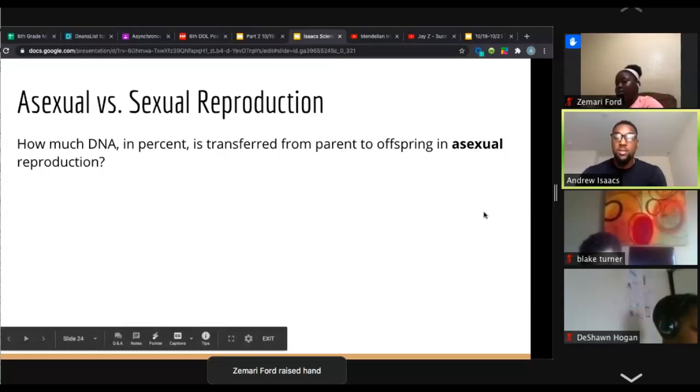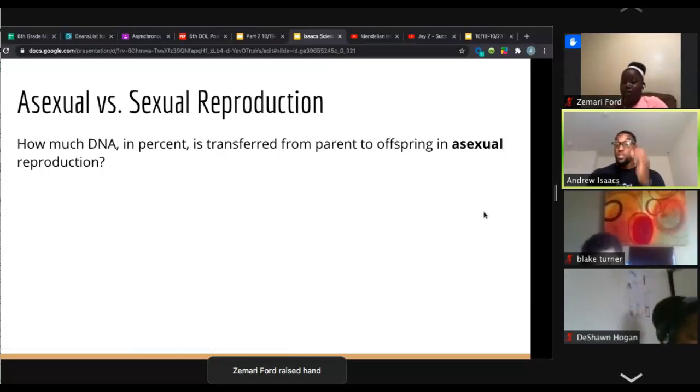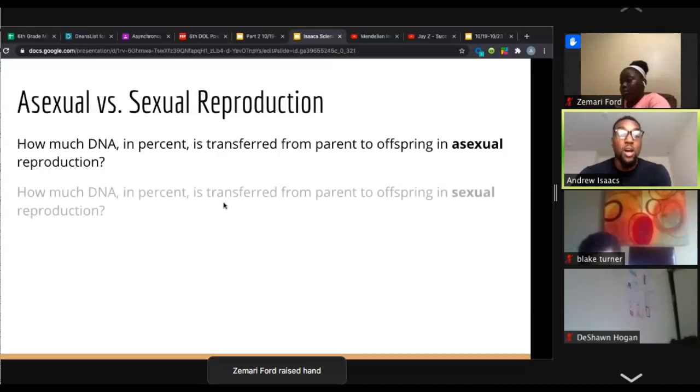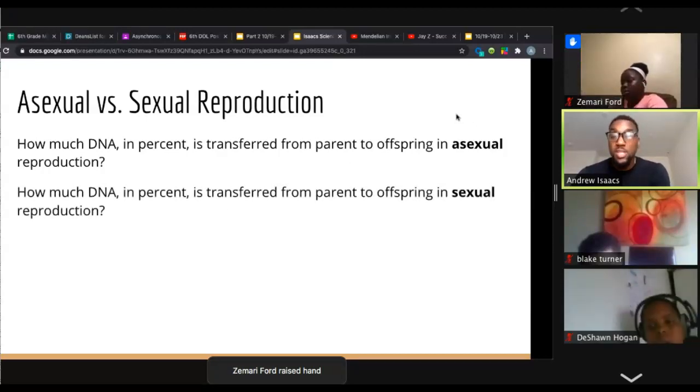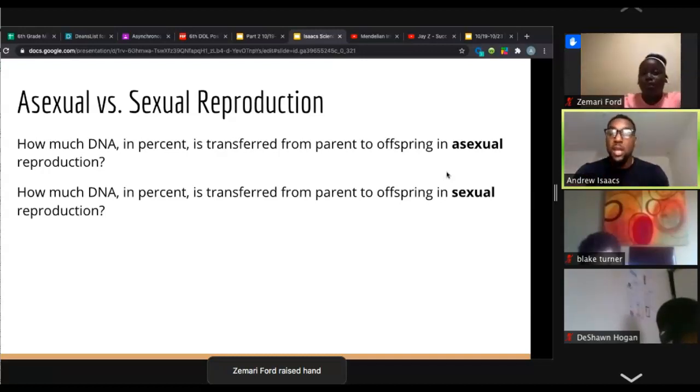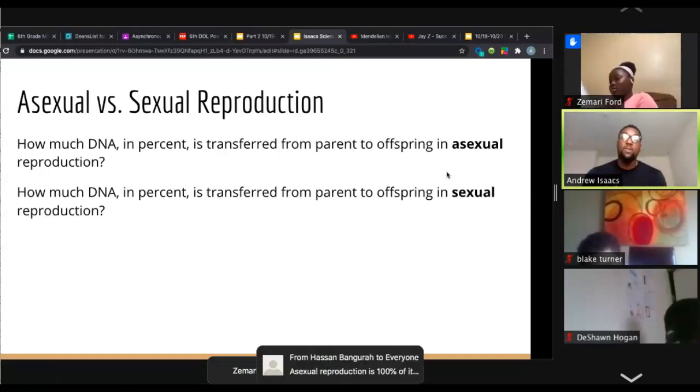Is it 100%? 25%? Thank you, Kalia. So 100%, right? So 100% of the DNA is being transferred in asexual reproduction. The parent organism is transferring 100% of its DNA because there's no other DNA to mix it with, right? So it's making an exact copy or an exact replica.